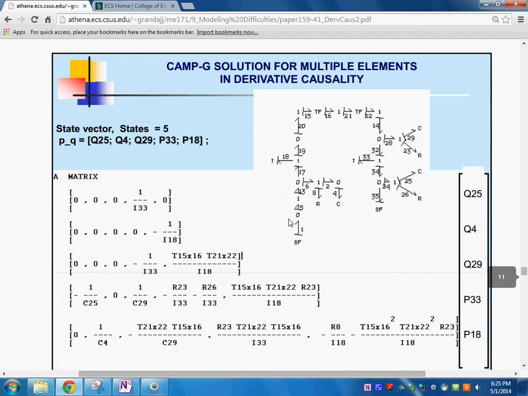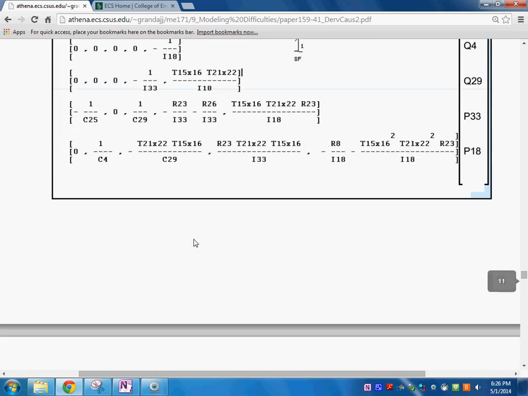Now, if you take a look at the bond graph modeling here, and you obtain the state variables right here, the vector of states is this, P and Q, is called the vector of states, and then you have the matrix over here that results in the calculations.